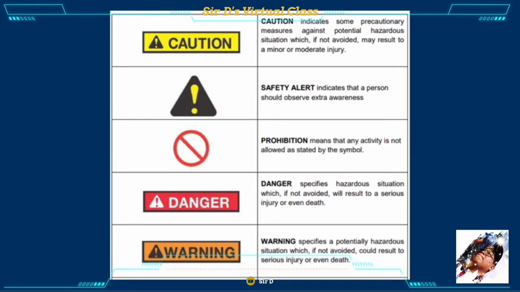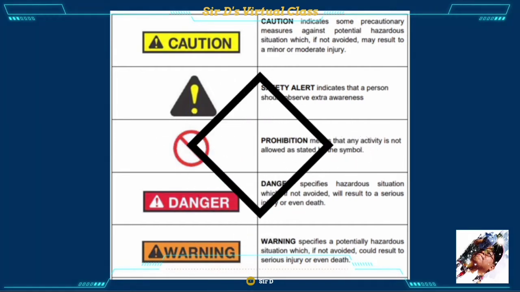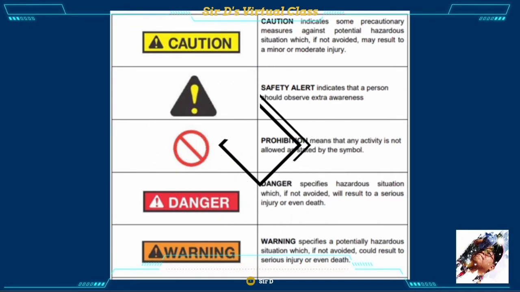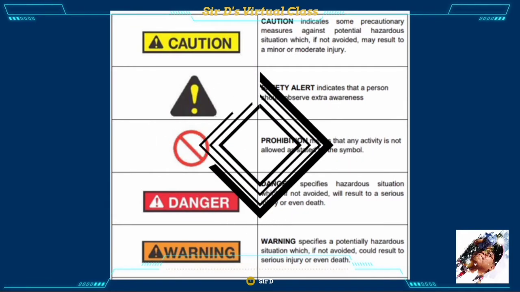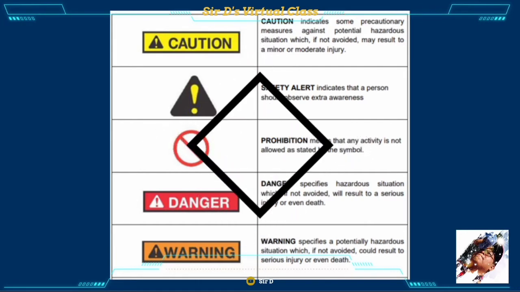Next is the danger sign. Again, it has the safety alert symbol and is colored red. Please also take note of the colors, as the colors indicate the level of potential hazard that may occur in that area. Danger specifies a hazardous situation which, if not avoided, will result in serious injury or even death.